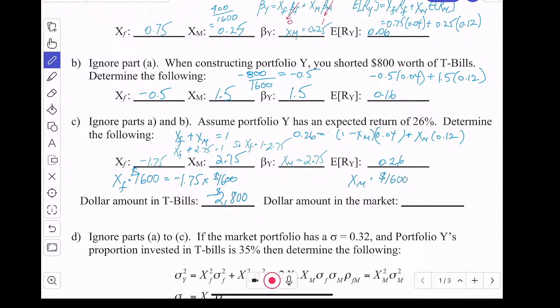You can do the same for the market portfolio. So all of that is put towards the market portfolio for a total of $4,400 invested in the market portfolio.